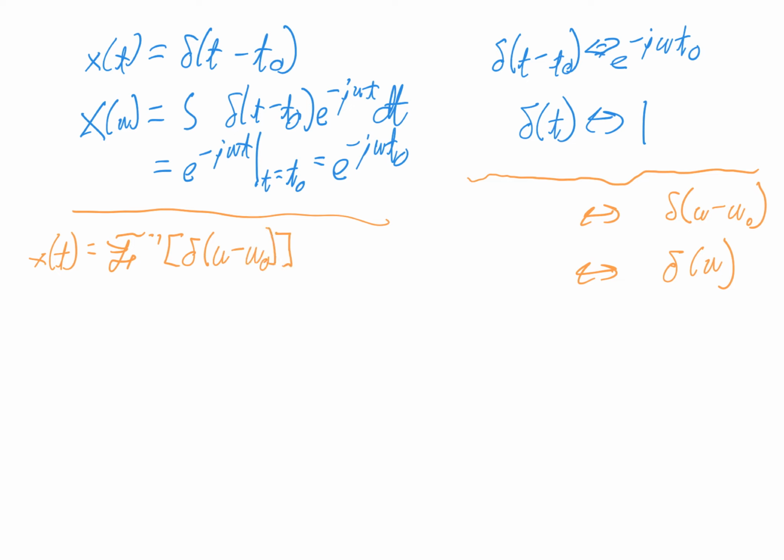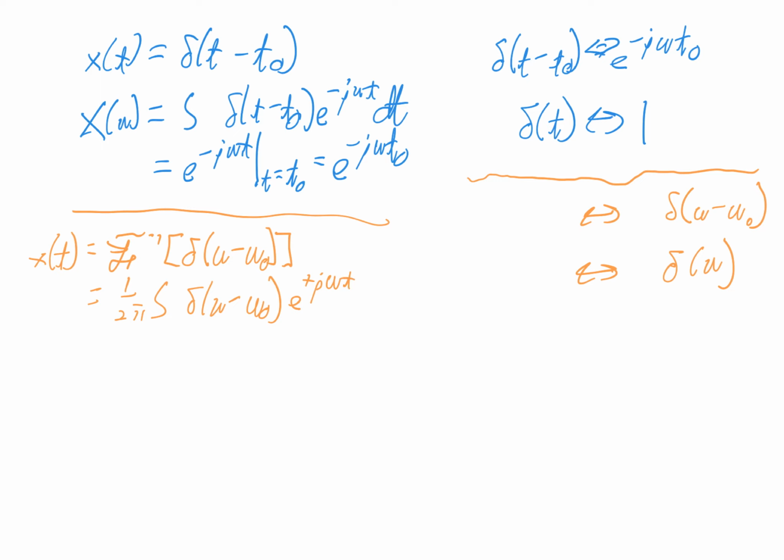So the impulse occurs at the frequency omega naught. And let's carry the math through. The integral for the inverse Fourier transform is 1 over 2 pi. And we take that impulse and we multiply it. Now, since we're doing the inverse transform, it's e to the plus j omega t.